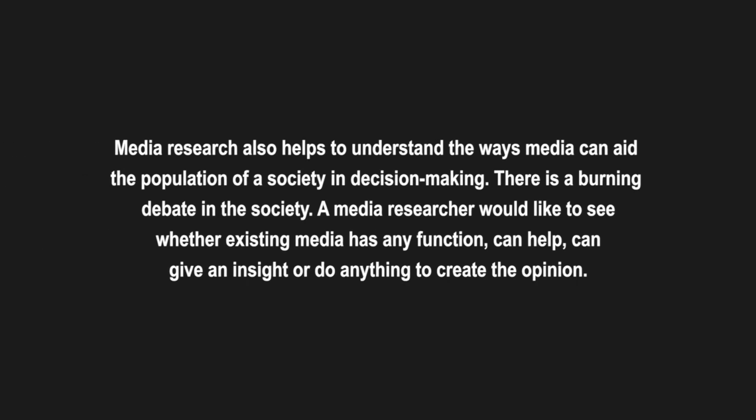Media research also helps to understand the ways media can aid the population of a society in decision making. Say there is a burning debate in the society. A media researcher would like to see whether existing media has any function, can help, can give an insight or do anything to create the opinion.